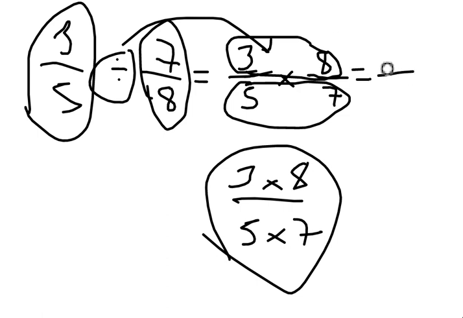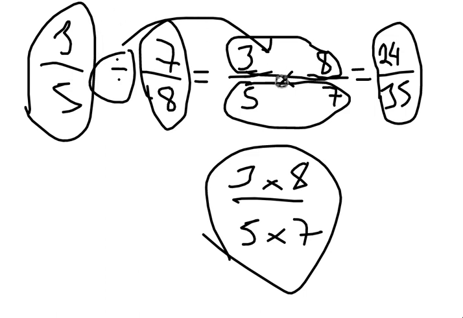So we're going to do 24, because 3 times 8 is 24, and then 5 times 7 is 35, okay? And just to check if we can simplify this in any way, shape, or form, and we can't. So 24 over 35 would be our final answer.